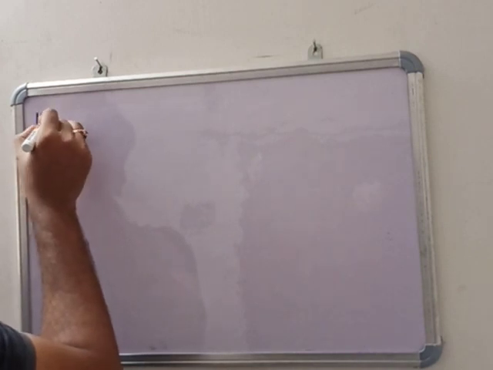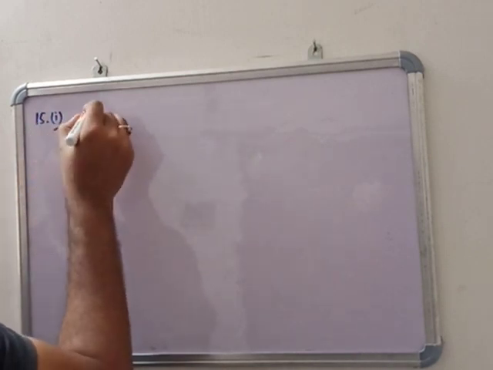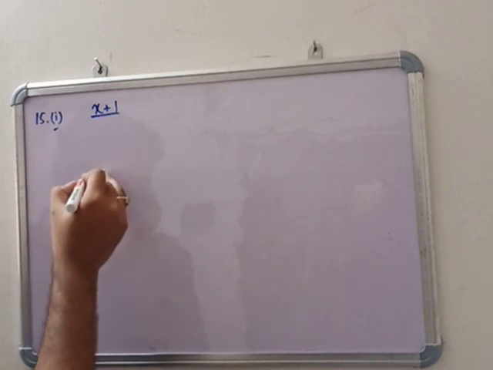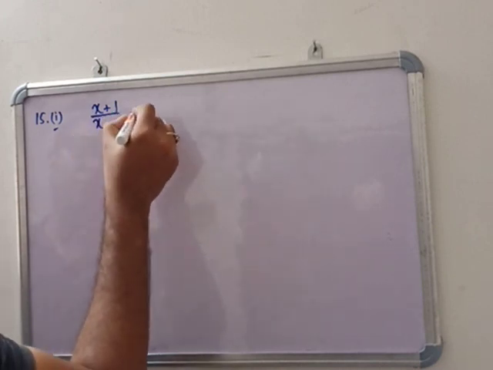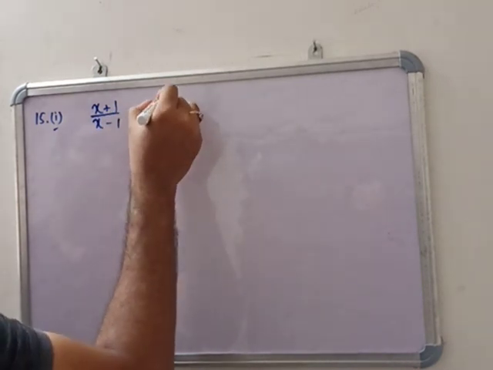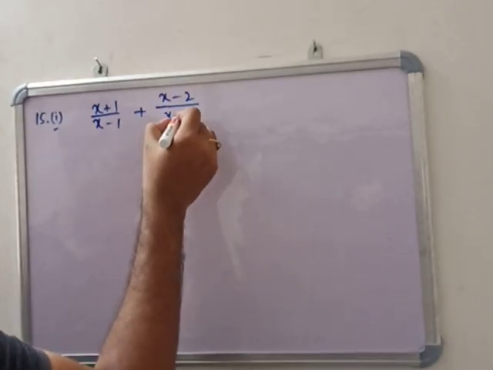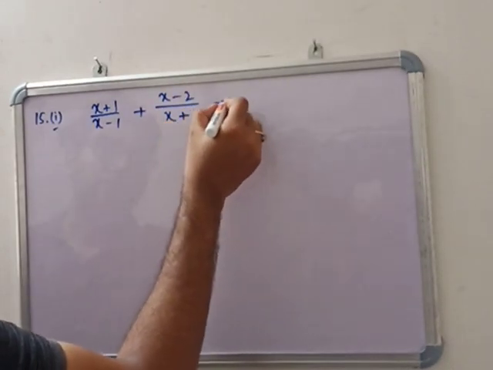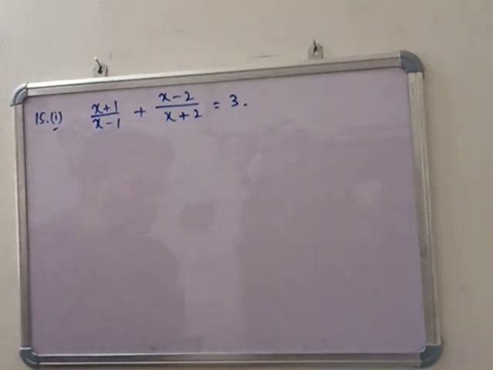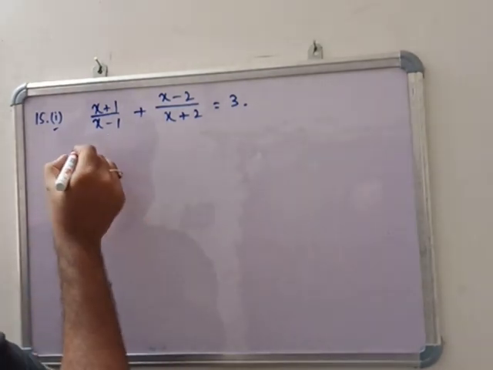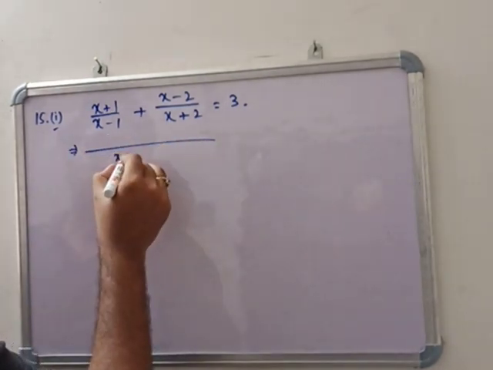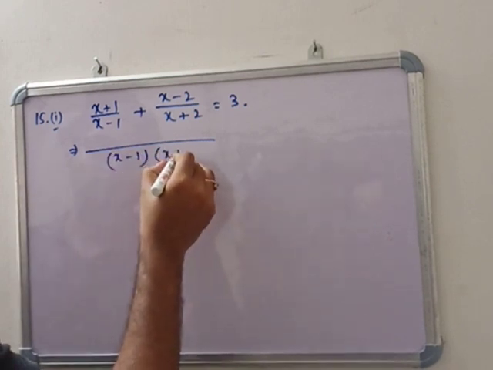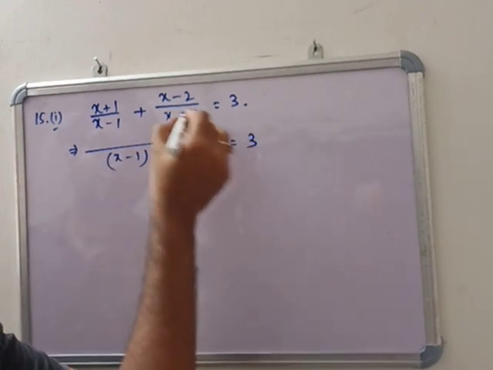Now in 15.1, see that x plus 1 by x minus 1 plus x minus 2 by x plus 2 equals to 3. So this is given. So take the LCM, so we can write here x minus 1 x plus 2 equals to 3.